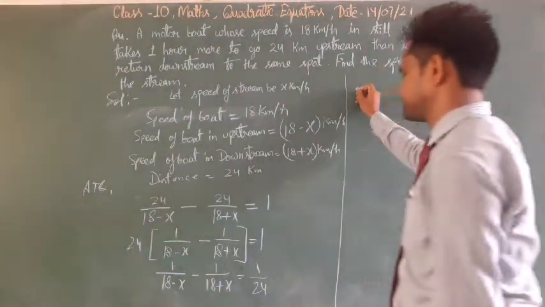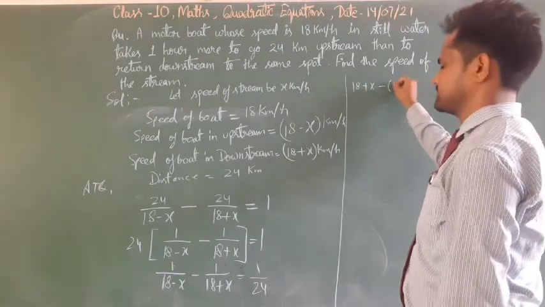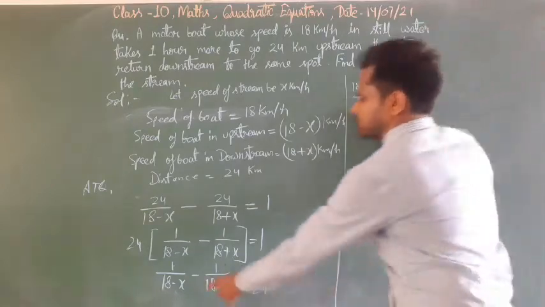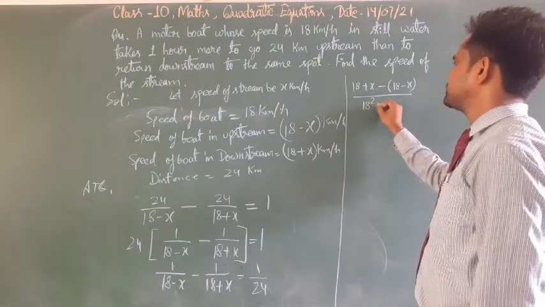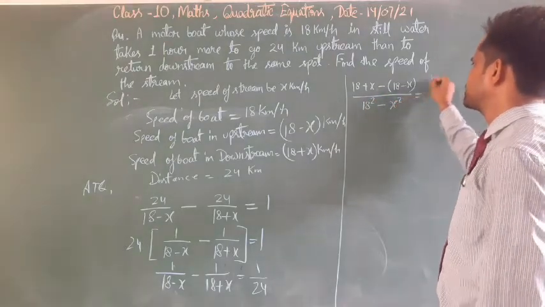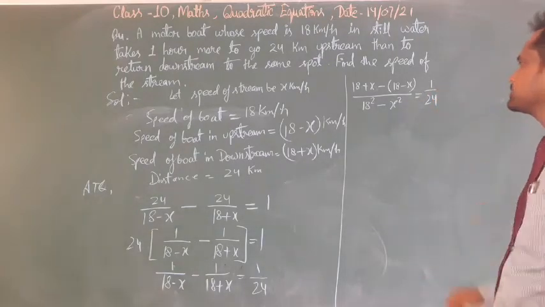We get 18 plus x minus 18 minus x upon (a minus b)(a plus b), that is a square minus b square, 18 square minus x square, is equal to 1 by 24. Got it?